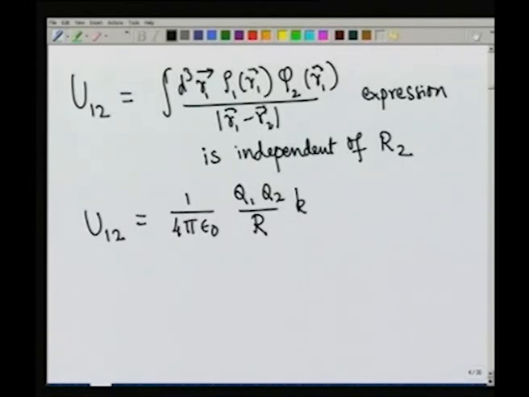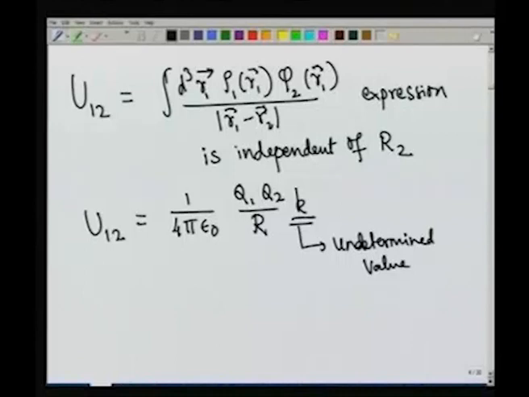So except for an overall multiplying factor, we have been able to write down the potential energy between two spherical charge distributions. It is exactly the same as the potential energy of 2 point masses except for an undetermined k value.